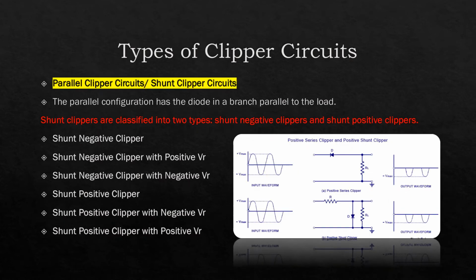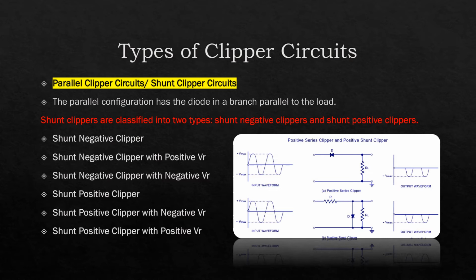Now in this slide, the second type is known as parallel clipper circuit, which is also called shunt clipper circuit. The parallel configuration has a diode in a branch parallel to the load, as it is shown in the figure in the slide. In this slide there are two figures. One is of positive series clipper circuit and the second one is positive shunt clipper circuit, and it is very simple and very clear to understand.